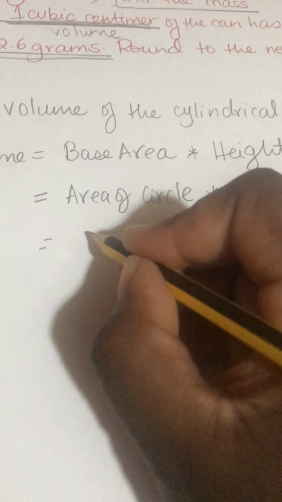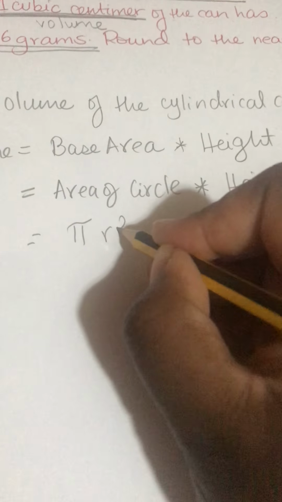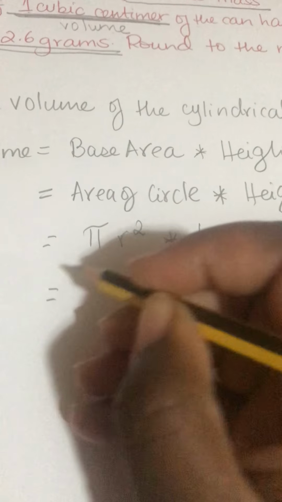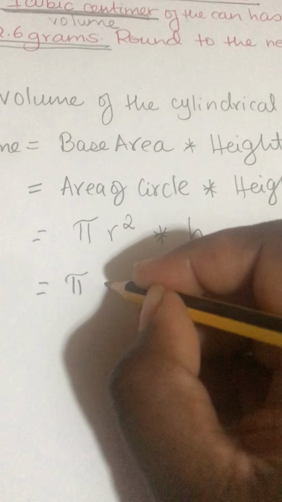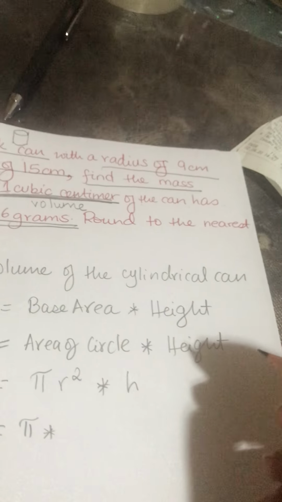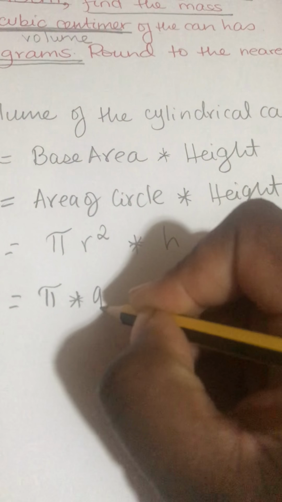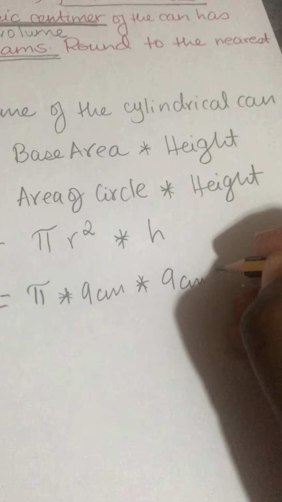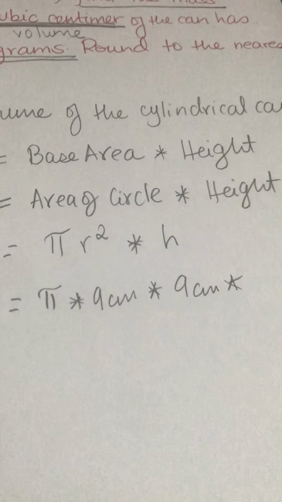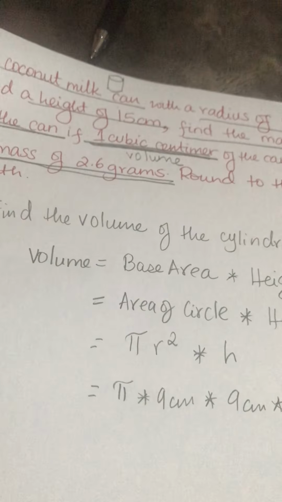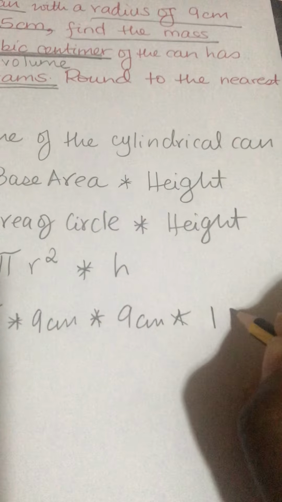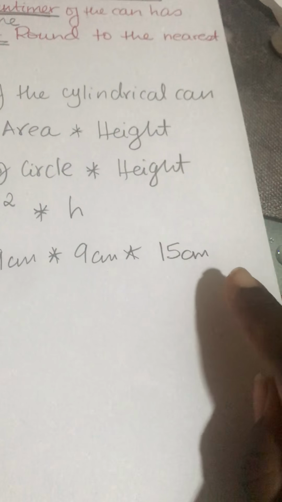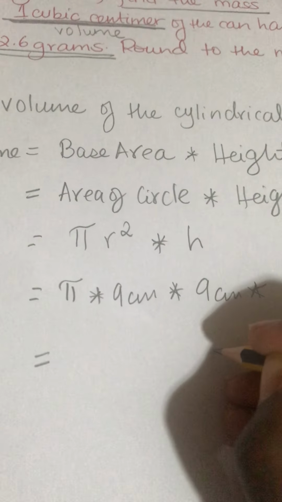Area of circle is given as pi r squared, and then we're going to multiply by the height. And then we're going to do pi. Our radius is 9 centimeter times 9 centimeter times the height, which is 15 centimeter. I already know that my answer will have centimeter cubed.